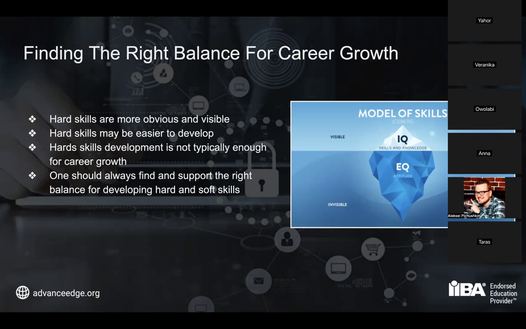For example, always developing your hard skills, learning new techniques, new tools, new practices, and being good at it. For consistent professional growth, you always have to think about the balance of developing both pillars represented as hard skills and soft skills.